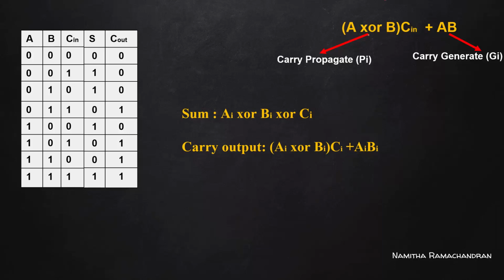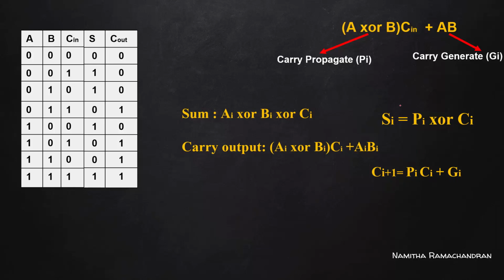So consider this A XOR B. We can replace this A XOR B in the sum part with Pi, so we can rewrite this as Pi XOR Ci. And here Ai XOR Bi can be replaced using Pi, and Ai AND Bi can be replaced using Gi. So carry output, meaning Ci+1, is Pi AND Ci, OR Gi.